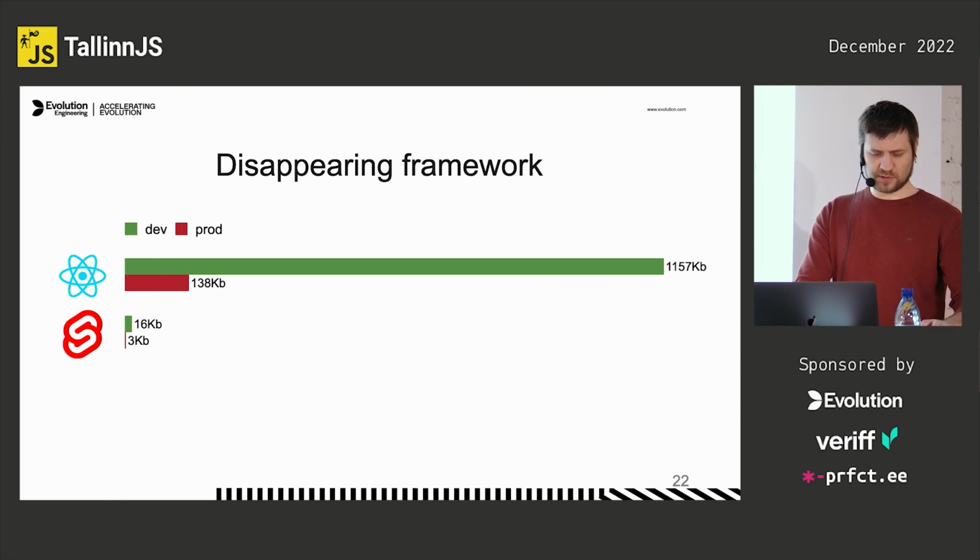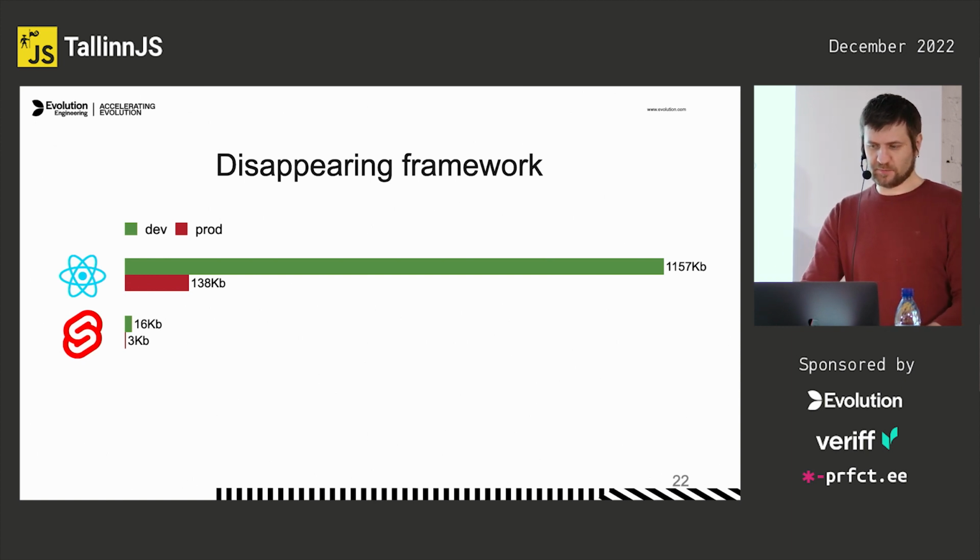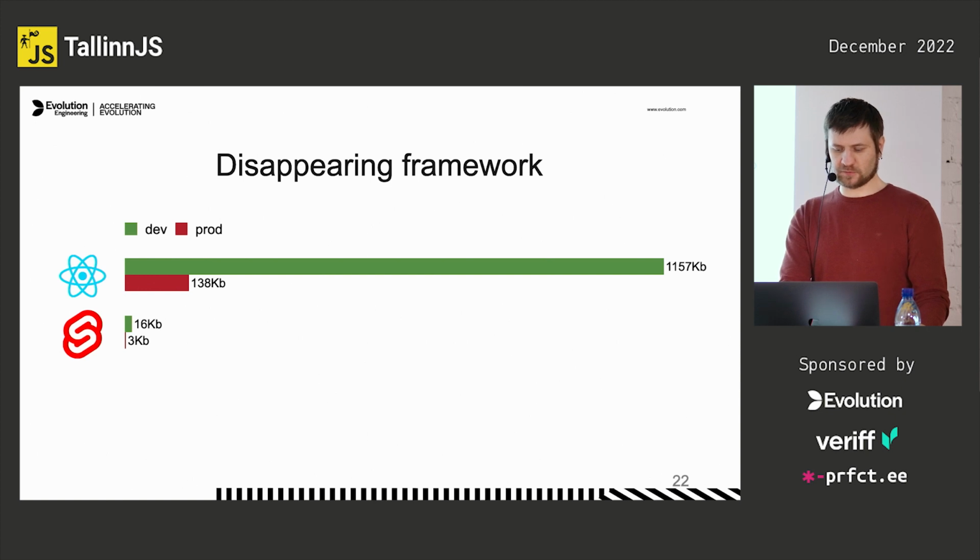I just created a simple React application, not with create React app, because when I tried it with create React app, it was many more kilobytes. It's as minimal as possible. And if you make a usual Hello World application in Svelte, it's just 3 kilobytes in production. It's cool. It's just helper functions actually, because as I said, you just have JavaScript functions in the bundle.